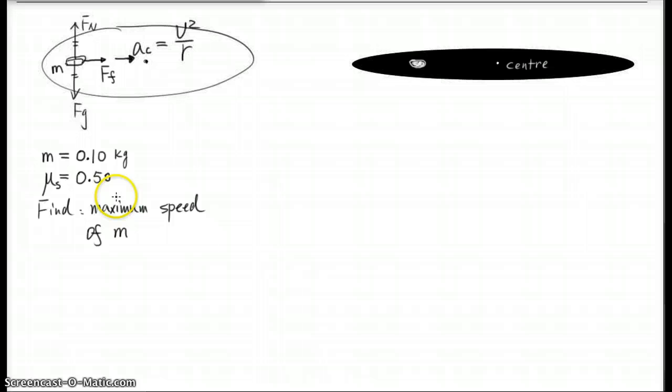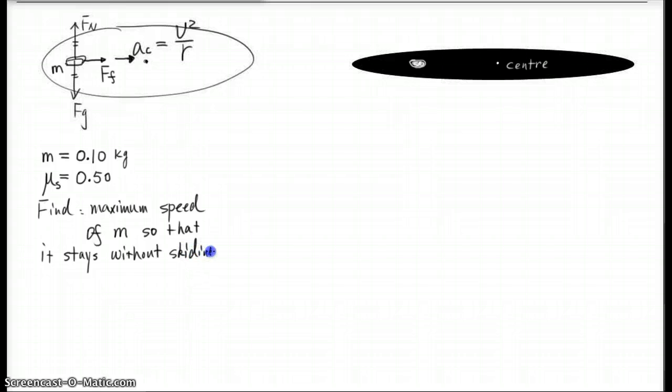So the question is asking what is the maximum speed of the eraser so that it stays without skidding. Right, so you can imagine if you rotate the plate faster and faster, at some point the eraser is going to fly out.